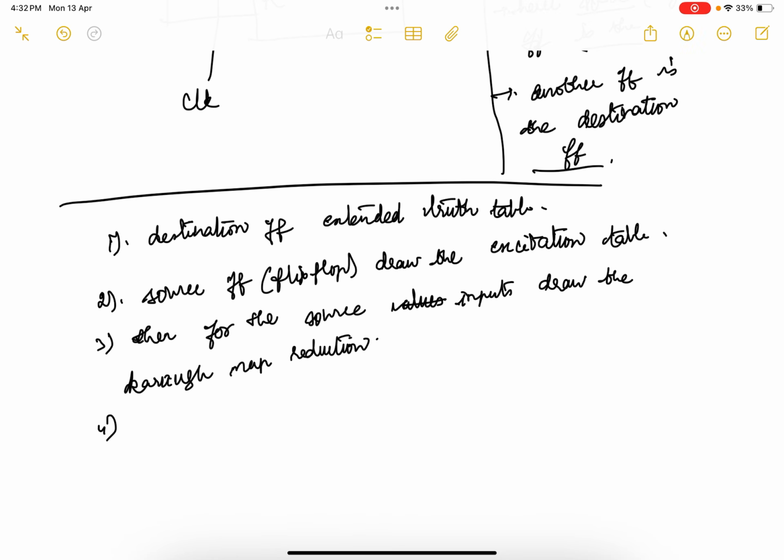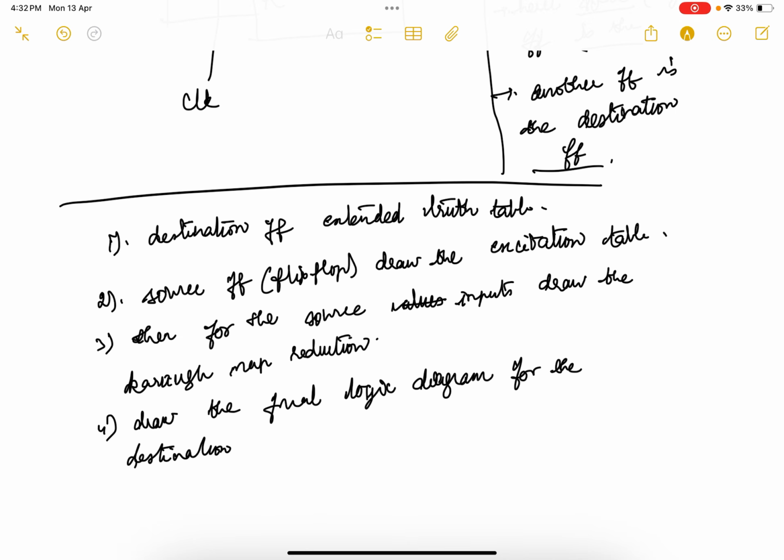Finally, draw the final logic diagram. Finally, draw the logic diagram for the destination flip-flop using the source flip-flop.